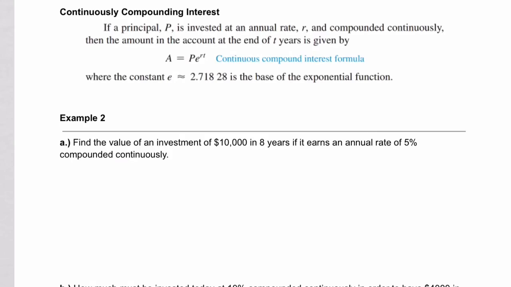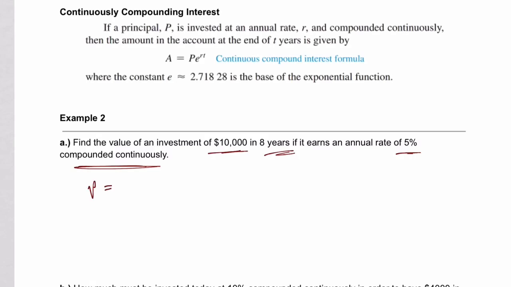So here we see the formula for continuously compounding interest. It's actually quite a bit simpler than the regular compounding interest formula, because we don't need to worry about how often the compounding takes place. So let's look at an example. Imagine there's an investment of $10,000 for 8 years, and it earns 5% interest compounded continuously.